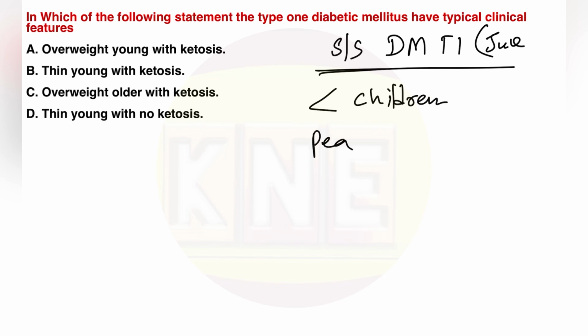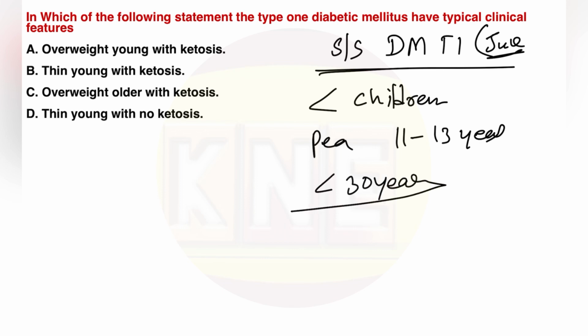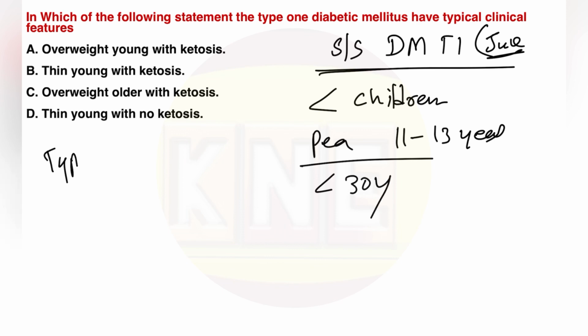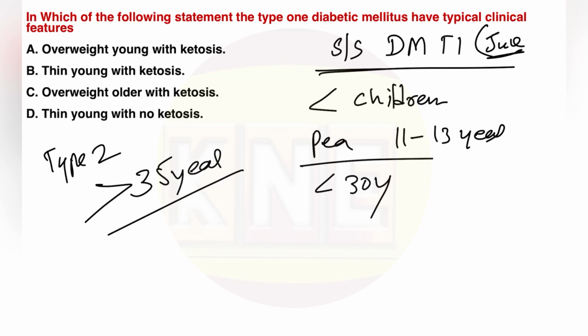The peak is at 11 to 13 years of age, so it is called juvenile. Those under 30 years are more prone to type 1, whereas type 2 occurs in those above 35 years of age.